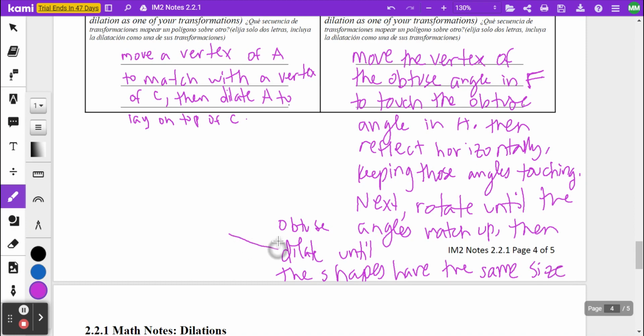And I should specify that the point of dilation is that obtuse angle. Okay, you didn't have to do the hardest version of this problem, but I thought it would be more fun because who doesn't want to rotate? Who doesn't want to reflect?